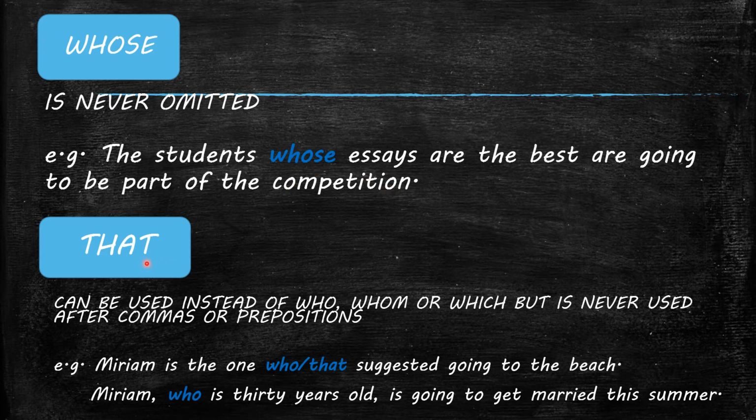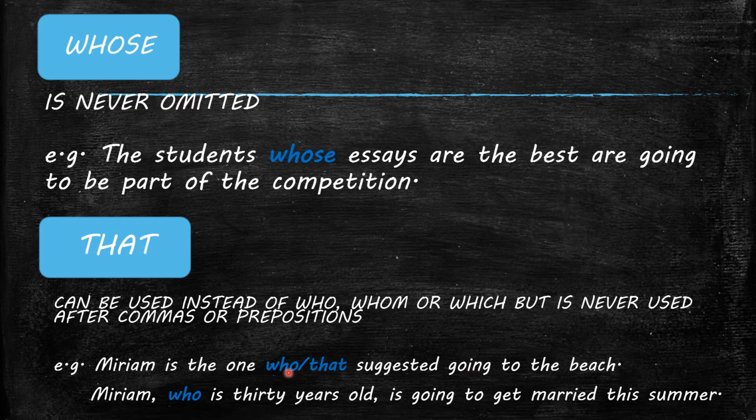Let's turn to that. That can be used instead of who, whom, or which, but is never used after commas or prepositions. Let's have a look at two examples. Miriam is the one who or that suggested going to the beach.